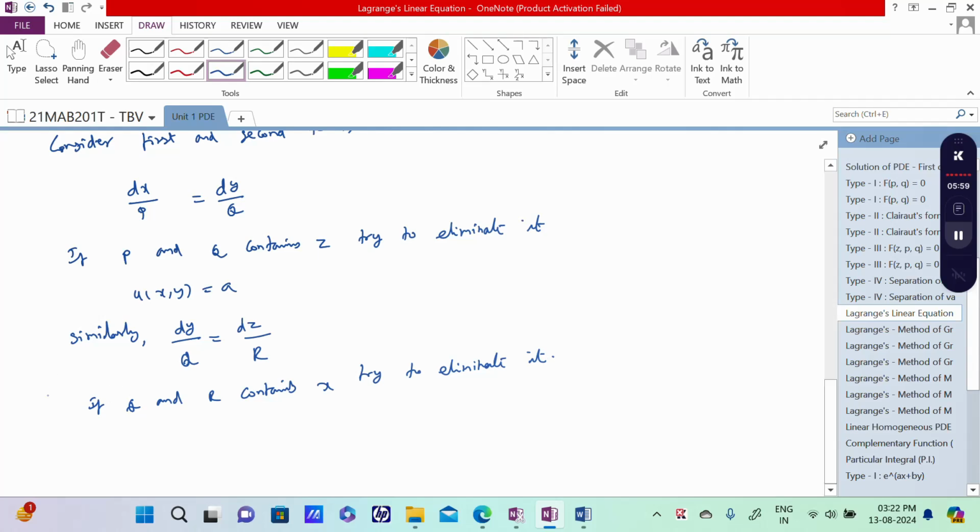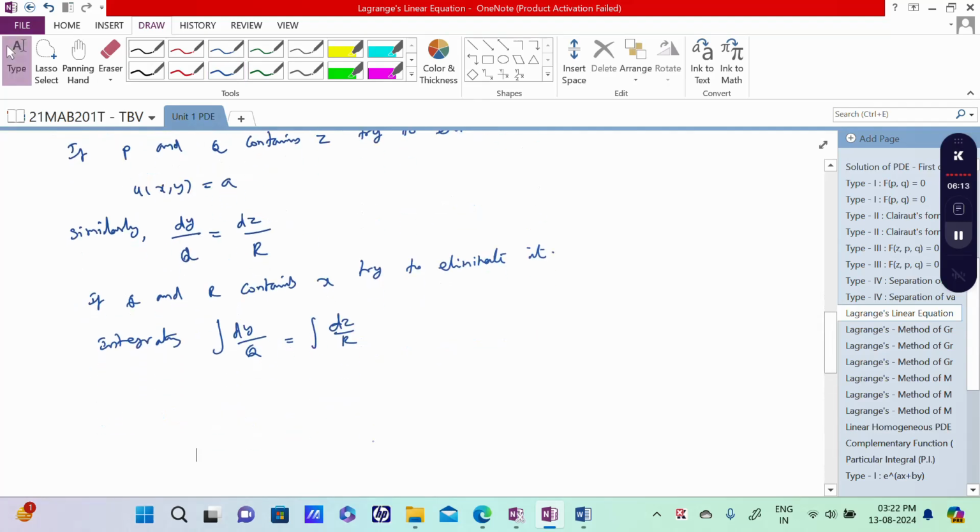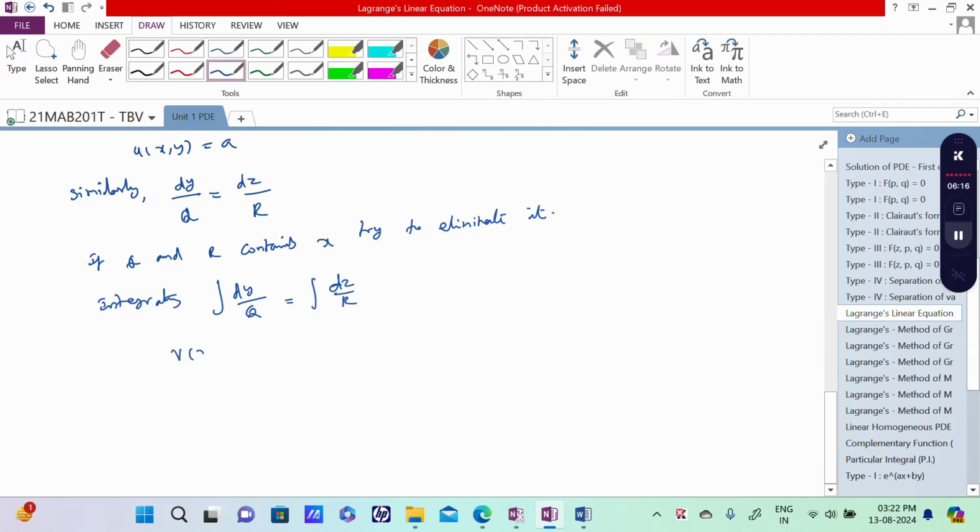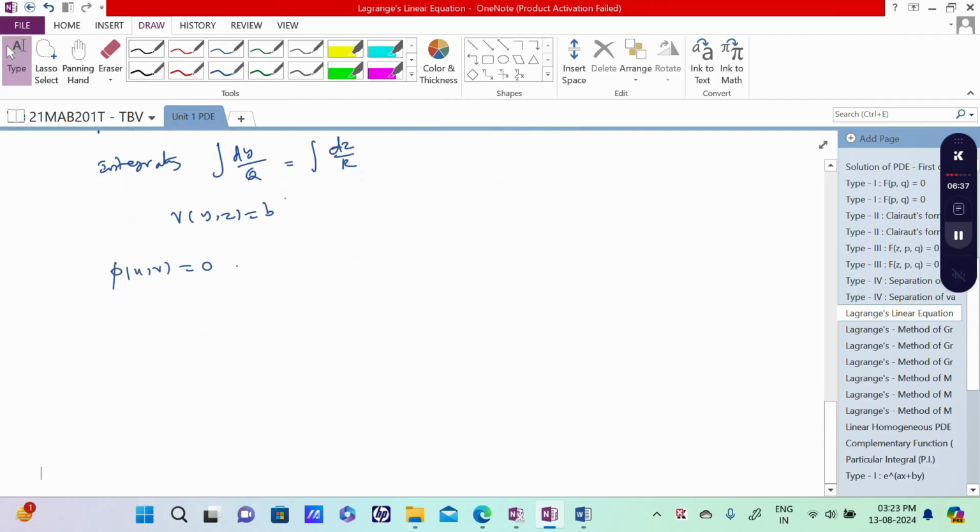Integrating dy by Q, dz by R, we have the solution v of y, z equal to another constant. Now the general solution of Lagrange's equation is phi of u, v equal to 0. So this is our method of grouping.